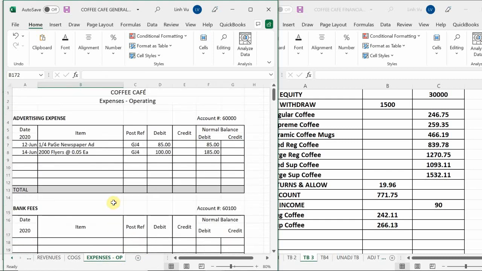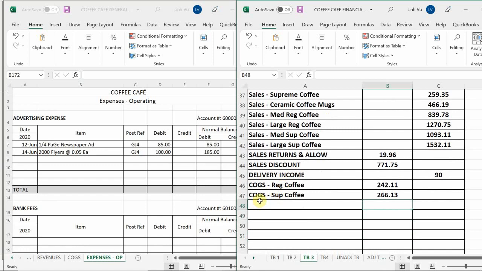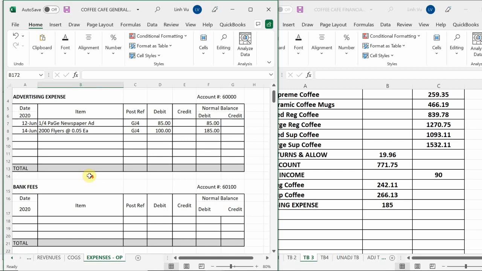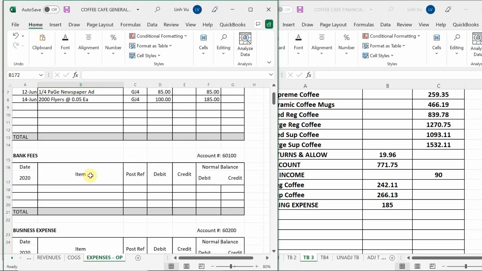Okay, starting for the first one with advertising expense. Okay. Total advertising expense right now is 185. Next we have bank fees, nothing there.